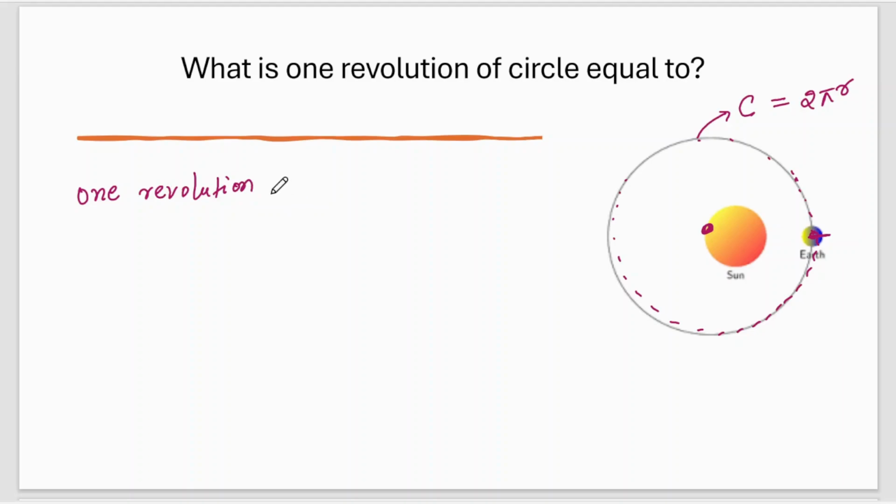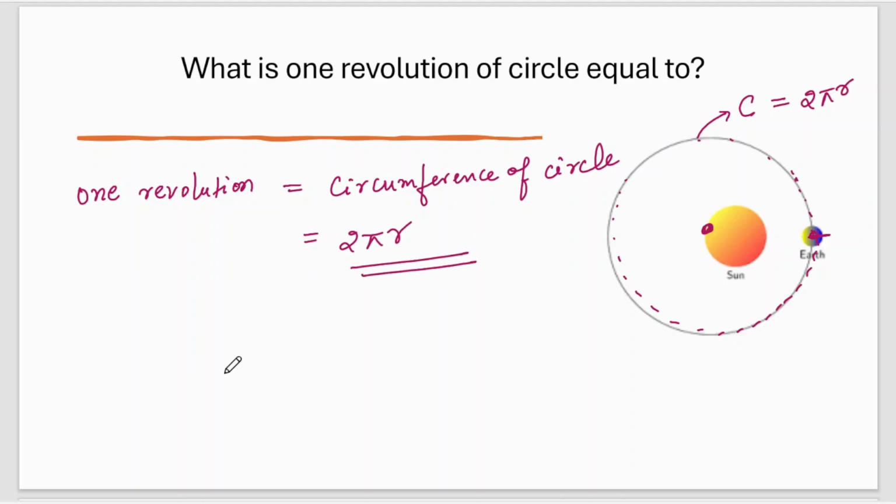So one revolution is equal to the circumference of the circle. So what is the circumference of the circle? It is 2 pi r. So always remember, one revolution equals 2 pi r. And we are going to use this concept to solve many questions now.